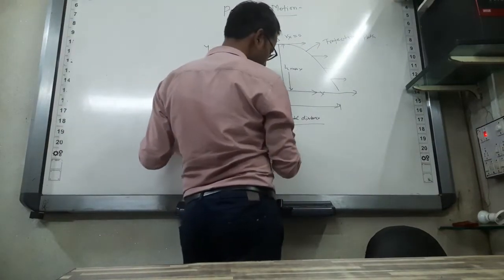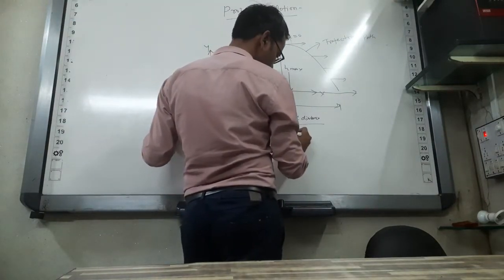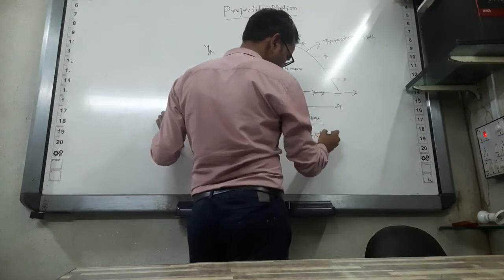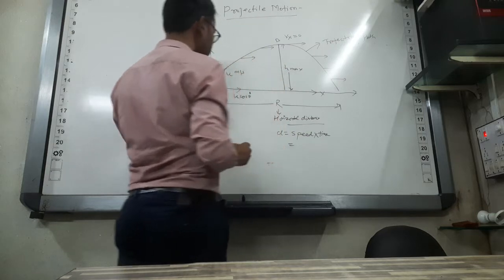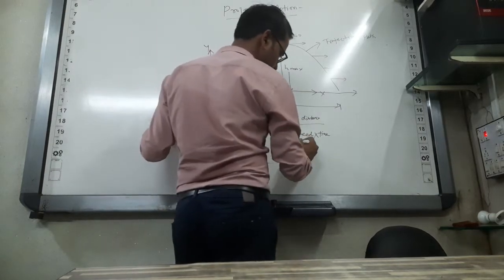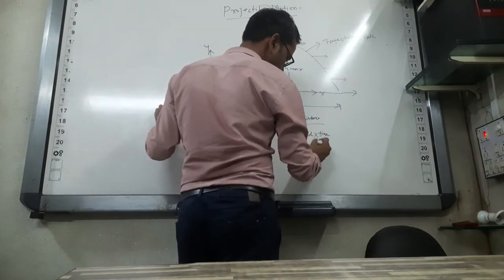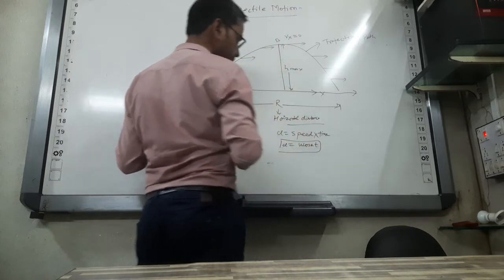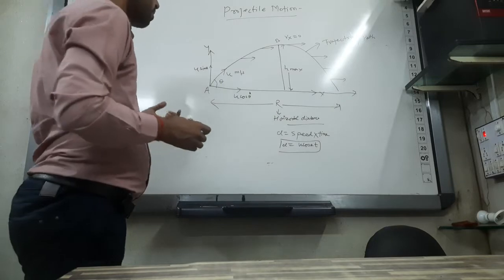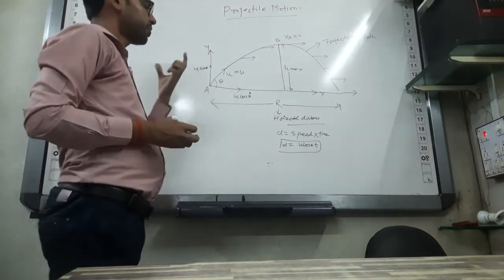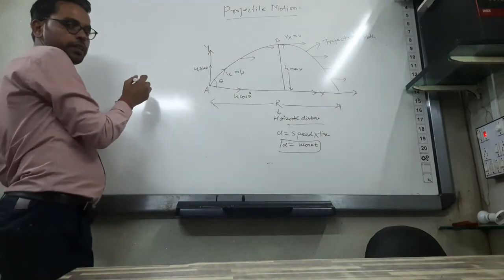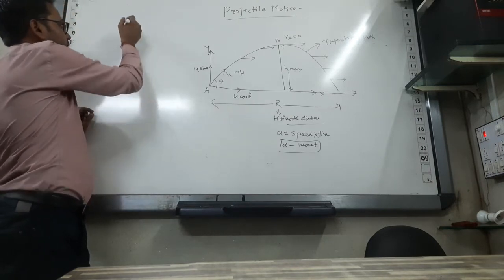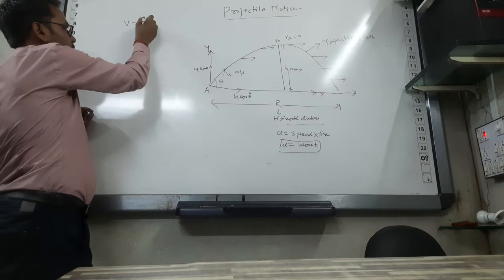Range equals distance equals speed into time, so u cos theta into t. Now if we want to calculate h, the maximum height, we use the three equations of motion. The first is v equal to u plus at.